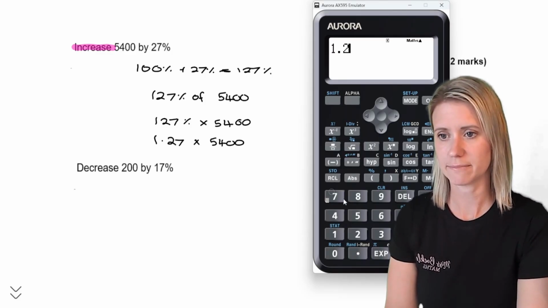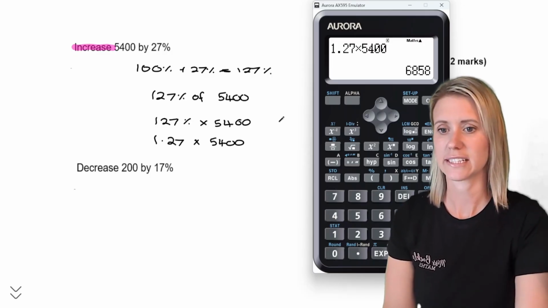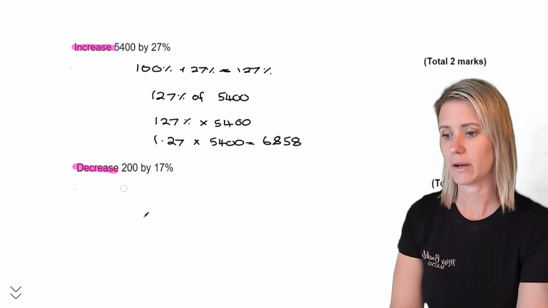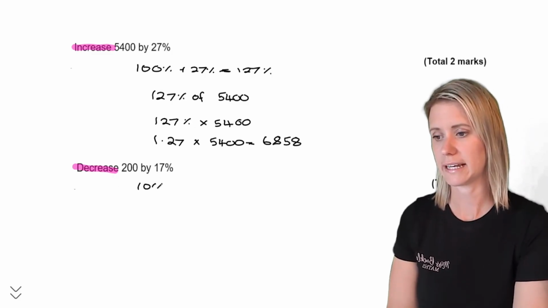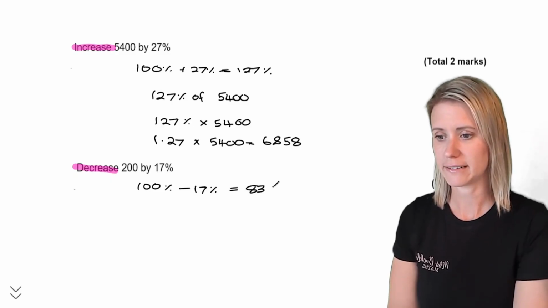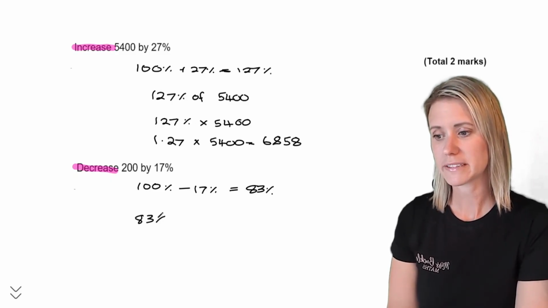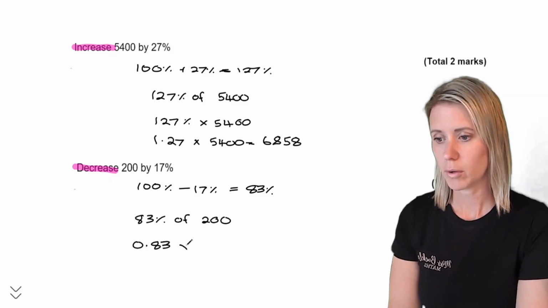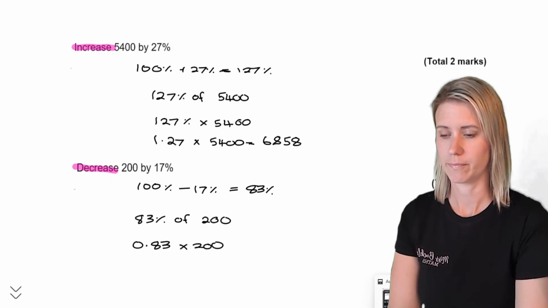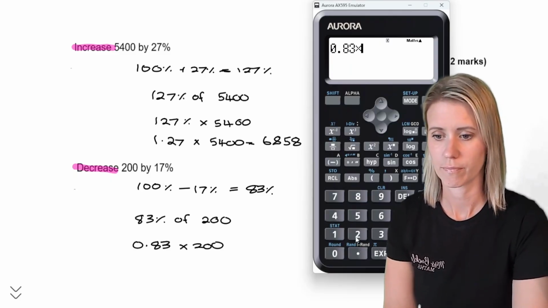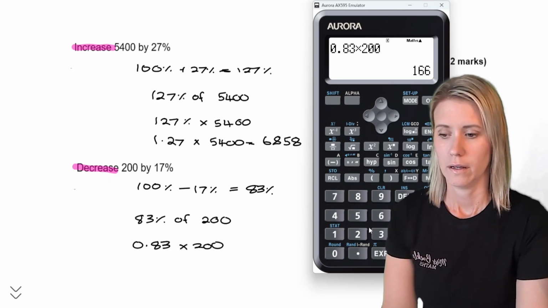Straight into your calculator, that gives us 6,858. This time it's a decrease, so we're subtracting, taking away 17%. We're going to do 100% subtract that 17%, giving us 83%. So we want 83% of 200. I'm going to do 0.83 multiplied by 200, which gives £166.